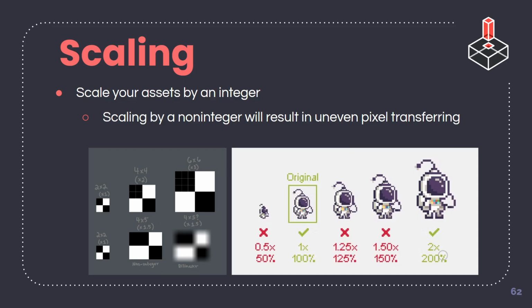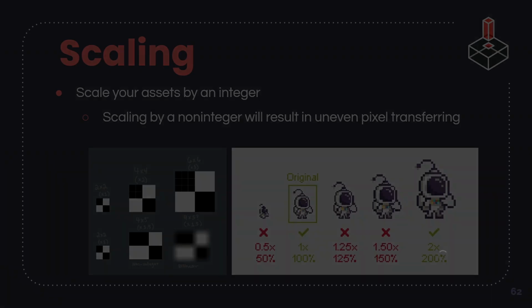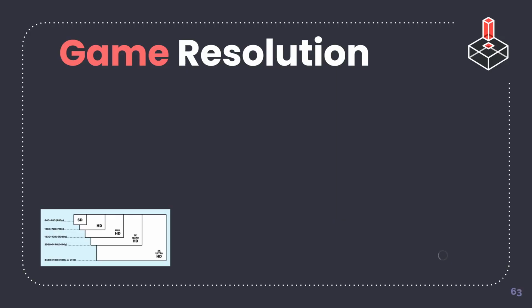Okay. Now let's connect this to actual in-game resolutions. Most monitors and TVs are 16 by 9 with a standard resolution of 1280 by 720, 1920 by 1080, 2560 by 1440, and 3840 by 2160.